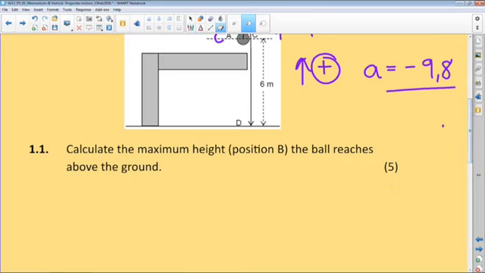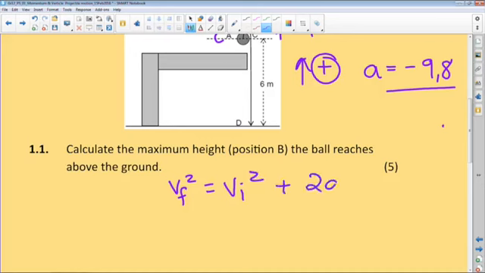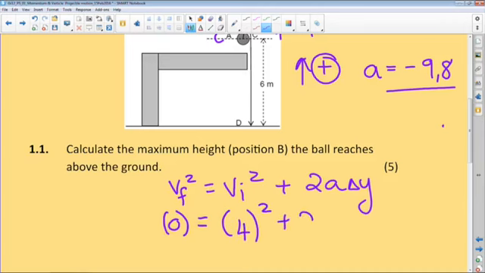The equation I want to use is this one: Vf squared equals Vi squared plus 2a delta y. Vf squared is nice because it's 0. Vi is 4, and it was going up. Now watch here, I said up was positive, so this is minus 9.8 times delta y.